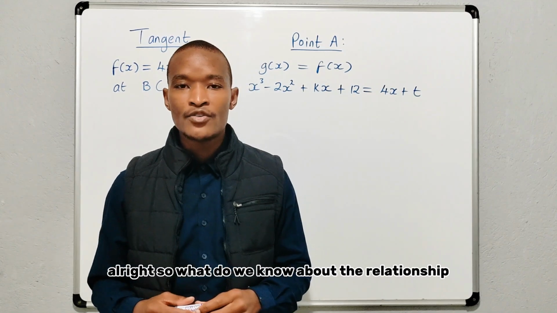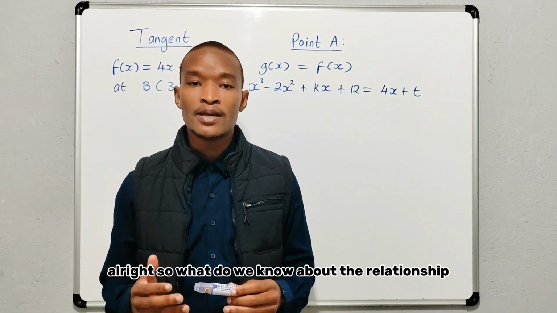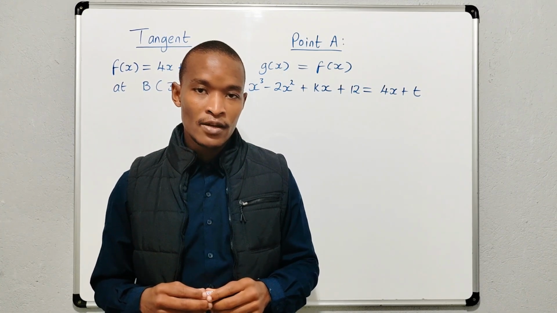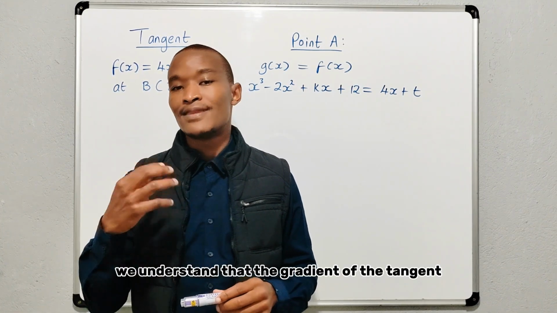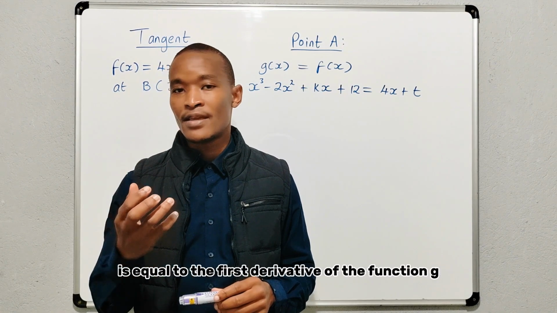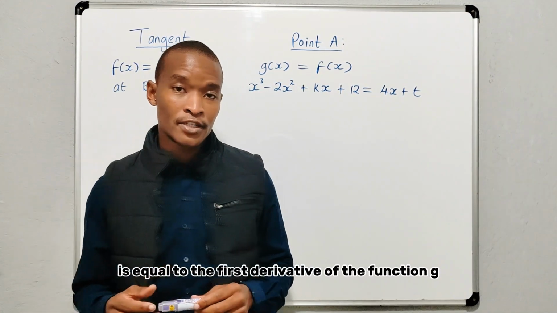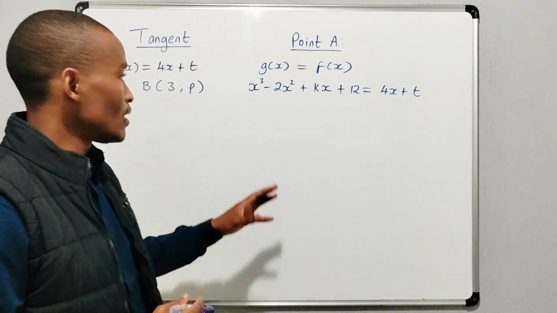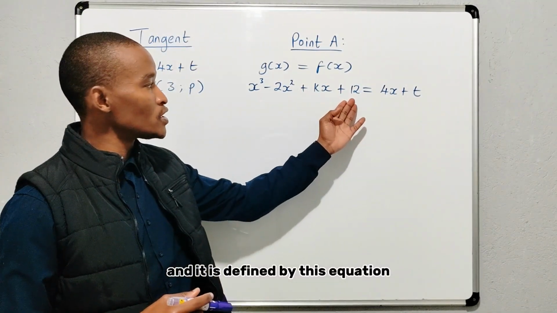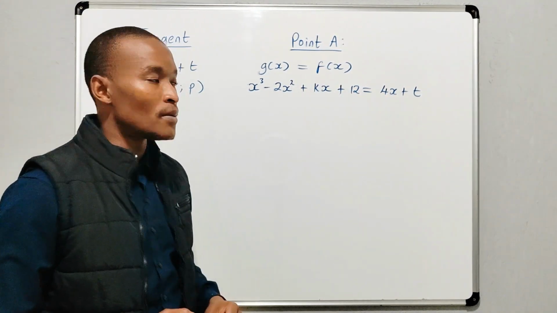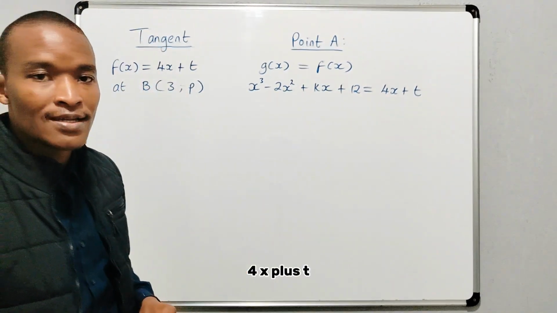All right, so what do we know about the relationship between the tangent and the gradient of the graph? We understand that the gradient of the tangent is equal to the first derivative of the function g in this case, and it is defined by this equation, the g of x, and f of x is defined by 4x plus t.